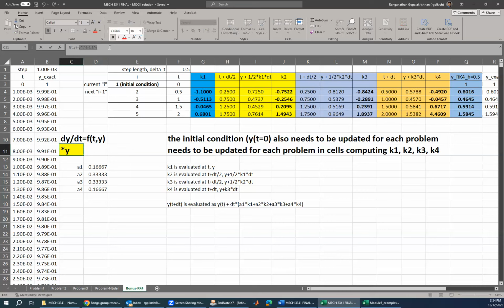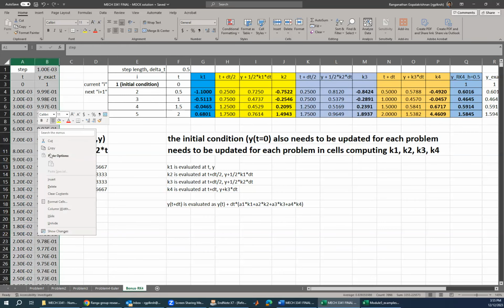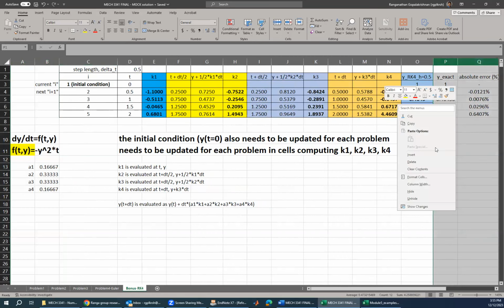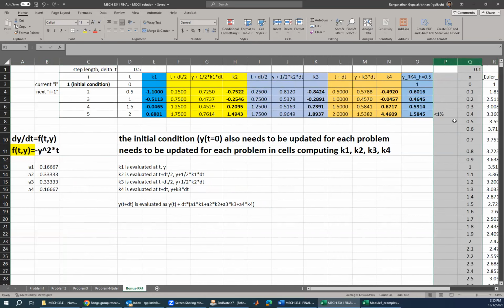We'll say this is y minus y squared times time. Yeah, something like that. I'm just making it up. It's not something that we are taking from any book. I'm just taking a problem and using it to demonstrate our method.